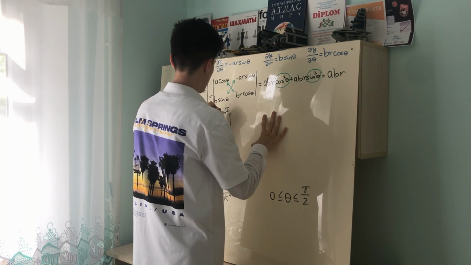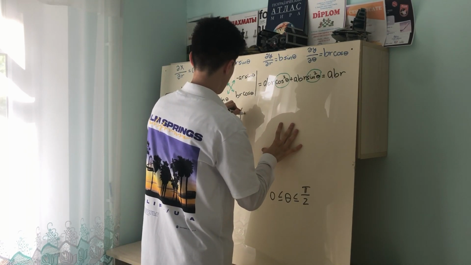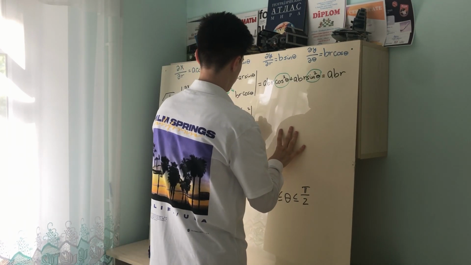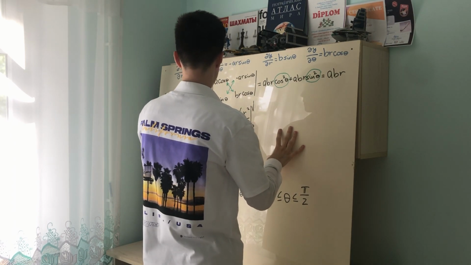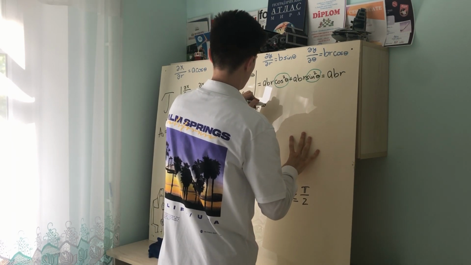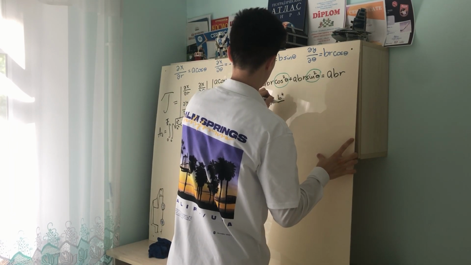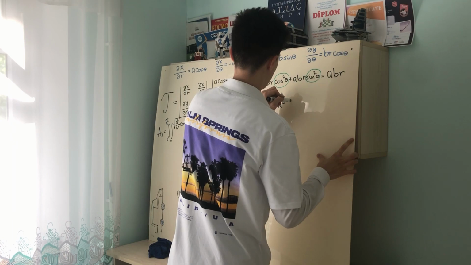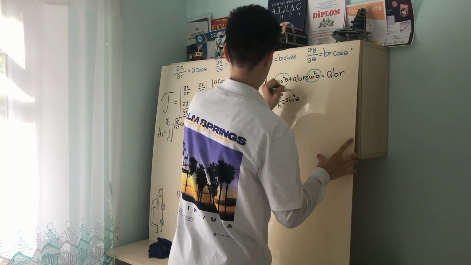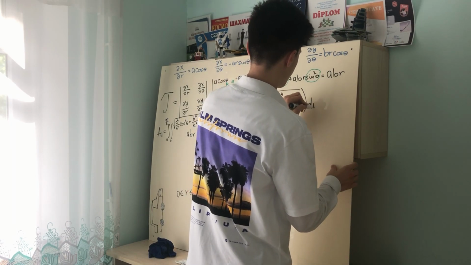The integral from 0 to pi over 2 of ab times r squared over 2, from 0 to the square root of a to the 4 over h to the 4 times cosine to the 4 theta plus b to the 4 over k to the 4 sine to the 4 theta, d theta.